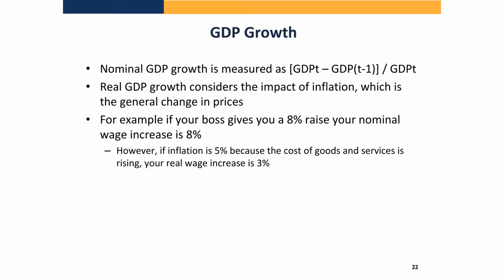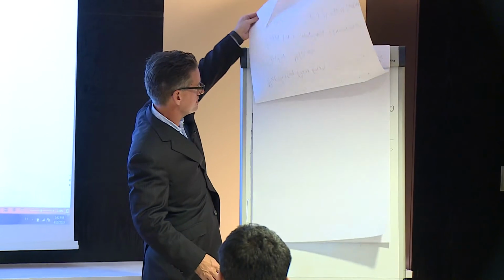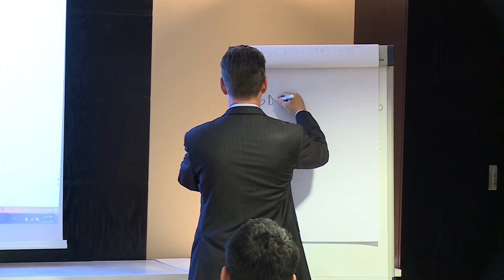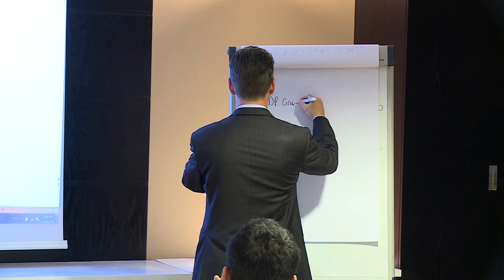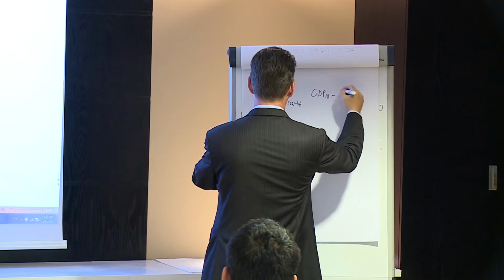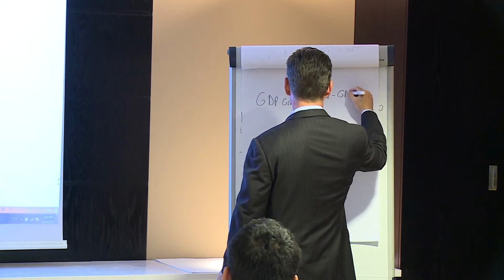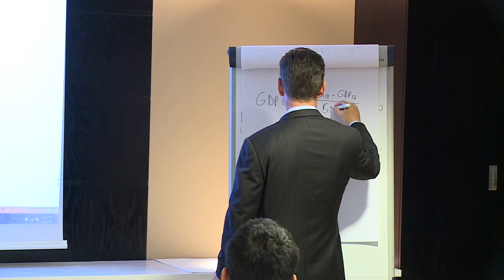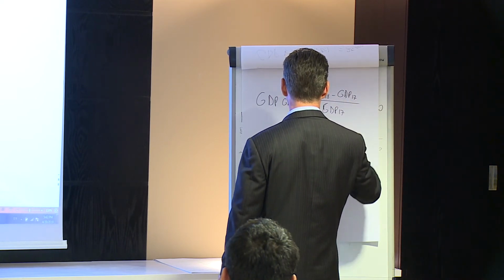Okay, so GDP growth. This is how you can measure the growth of the economy. It's very easy. We just compare last year's GDP to this year's GDP and take the difference. So GDP growth is going to be GDP in 2018 minus GDP in 2017, divided by GDP in 2017, times 100.